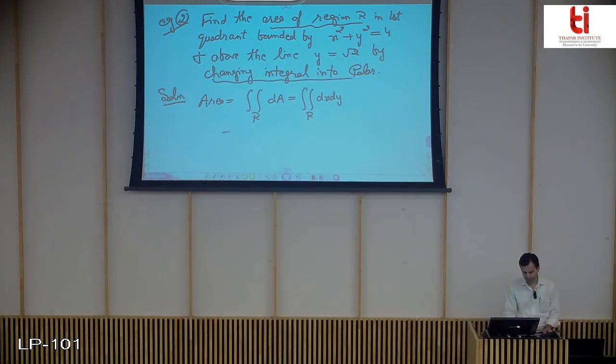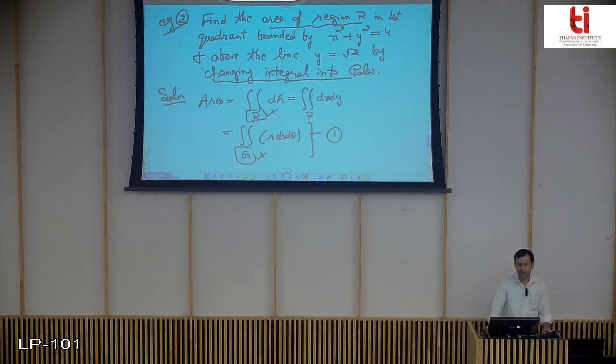So in polar, it becomes double integral r dr d theta. The only difference here is that the region is the same, but the limits of integration here are in Cartesian, and here they are in polar. So now we have to solve the integral.